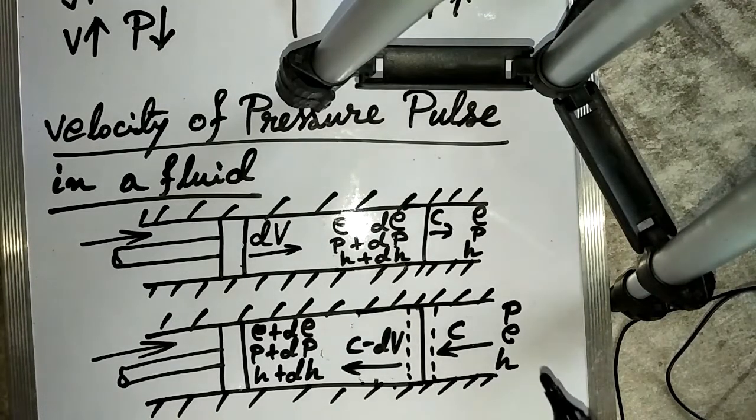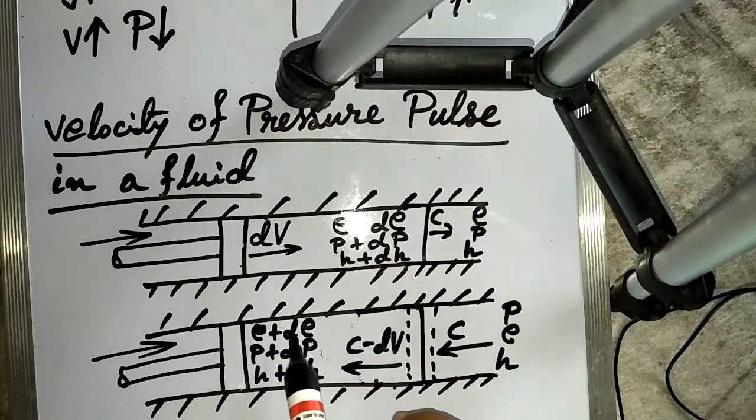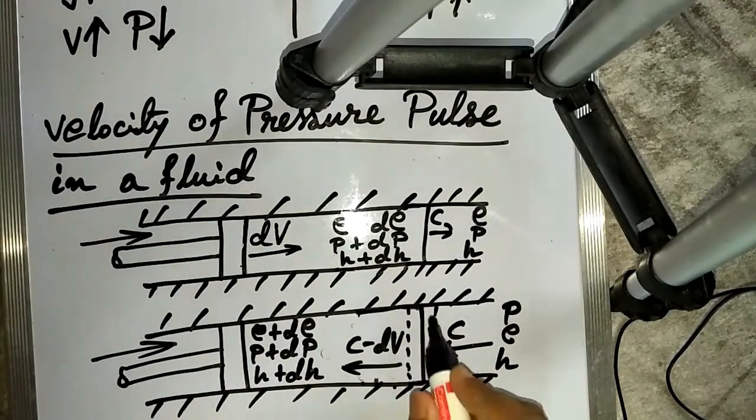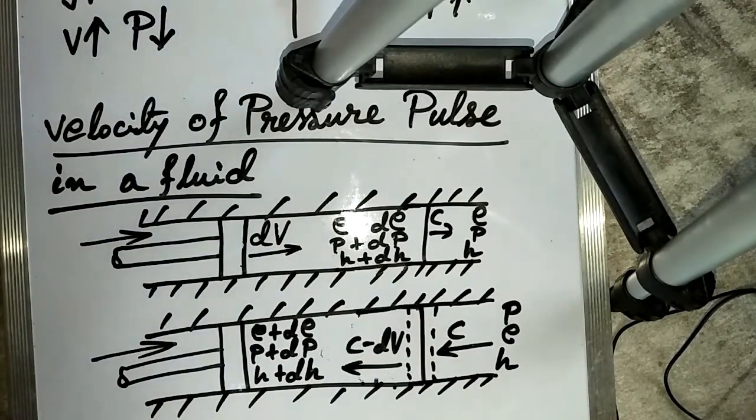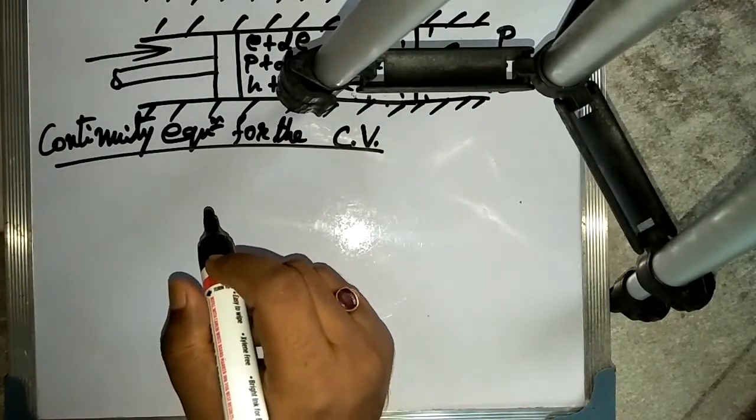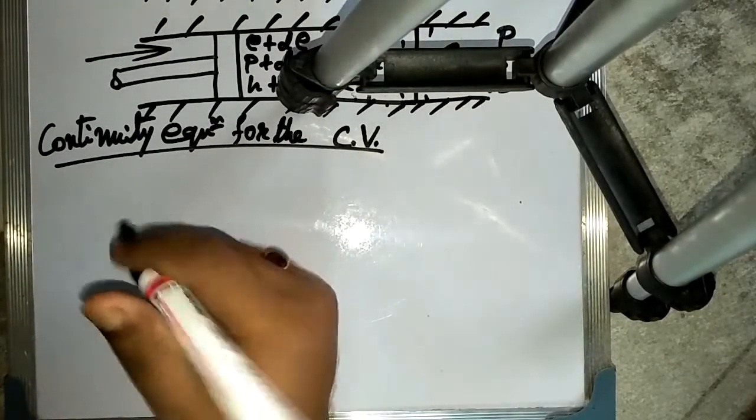At the same time the pressure rises from p to p plus dp, density rho plus d rho, enthalpy h plus dh. This dotted enclosure is the control volume. Now if we apply the continuity equation for the control volume, let's see what happens.